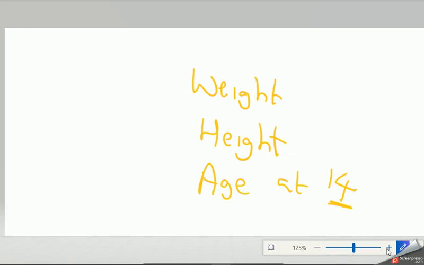So assign 14 to age at the start of the program, because this program we're going to make, this app, is going to be for 14-year-olds. So can you write the structured English for this, or the pseudocode? I don't care, one or the other. When you've done, show me.